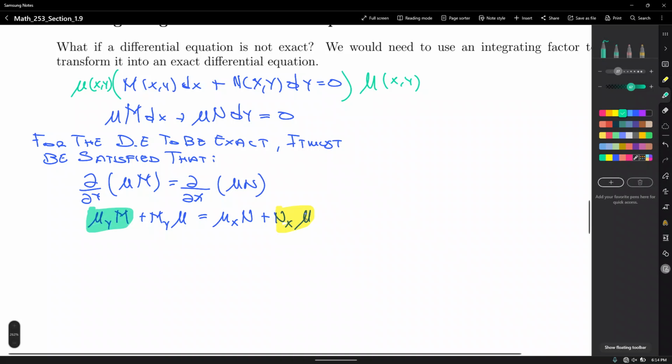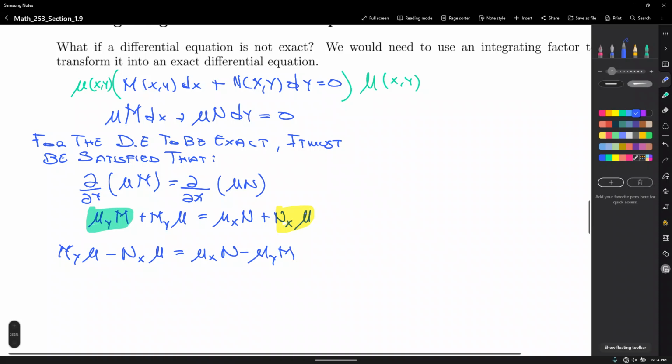I want to keep all the mu's without differentiating on the left hand side. So that is m with respect to y mu minus n with respect to x mu equals mu with respect to x, n minus mu with respect to y, m. All right?